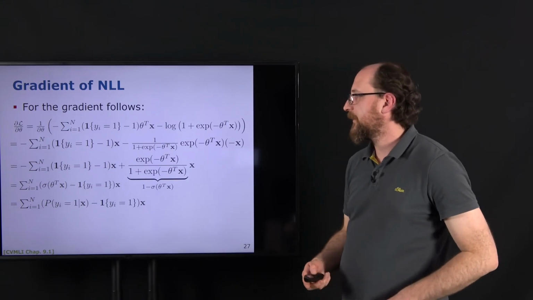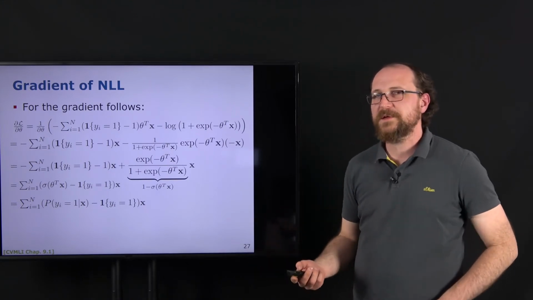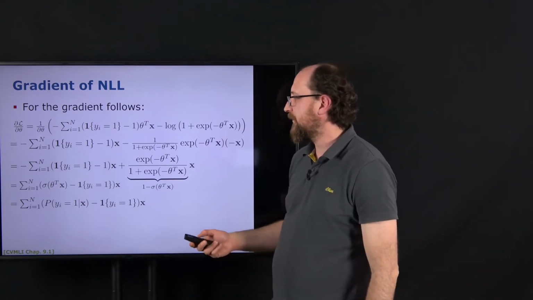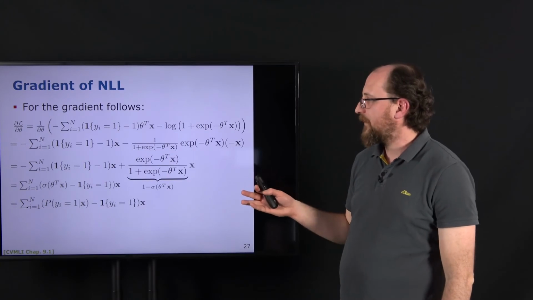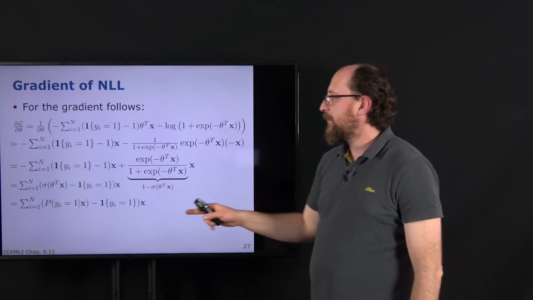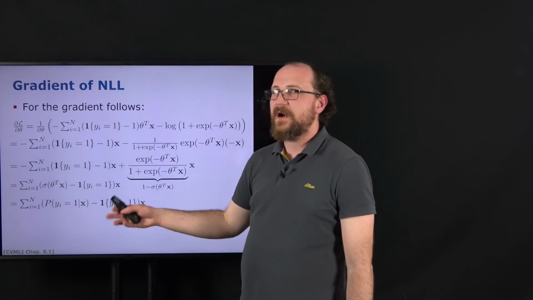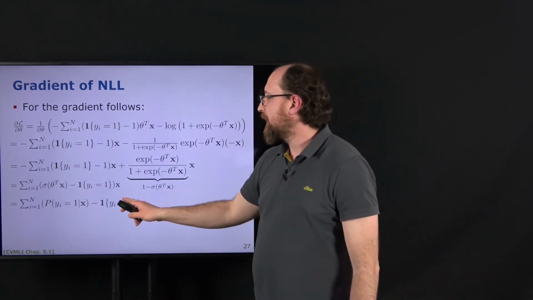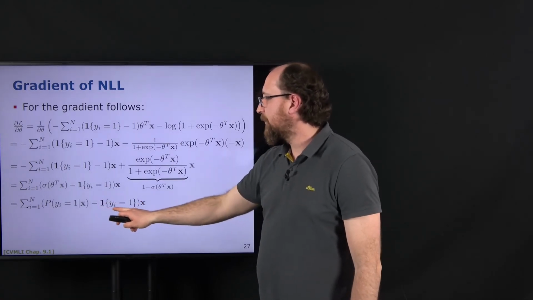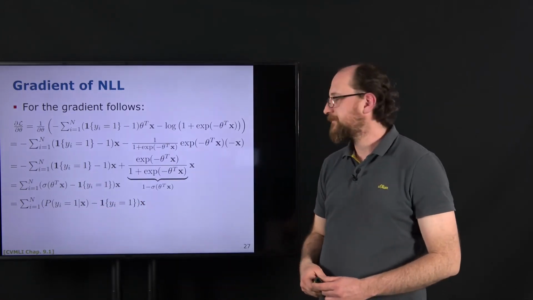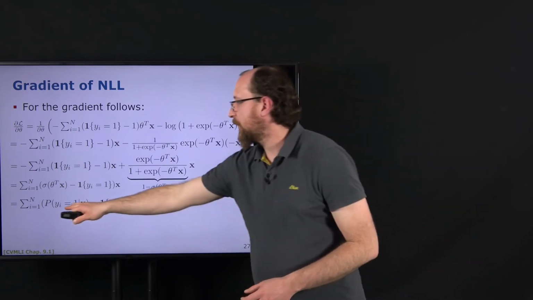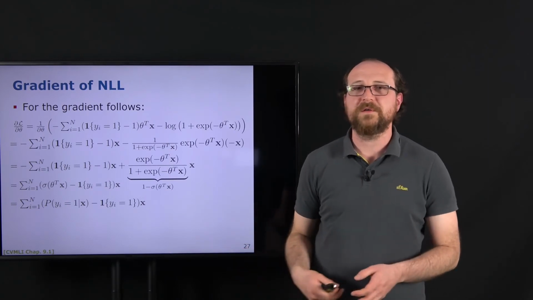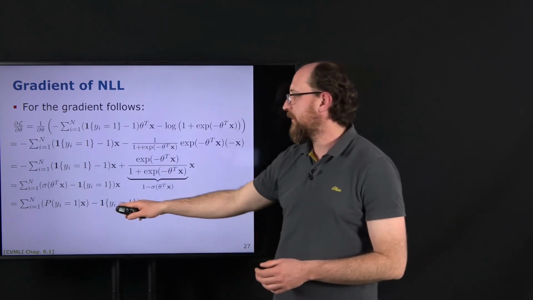When you now look at the gradient, you see why it makes sense to have it in the end. When p of y equals 1 is very large, so it approaches 1, and it's correct, so the real label is also y equals 1, then this term will vanish. That means in this specific case, the gradient will not have any influence, because this is already correct.